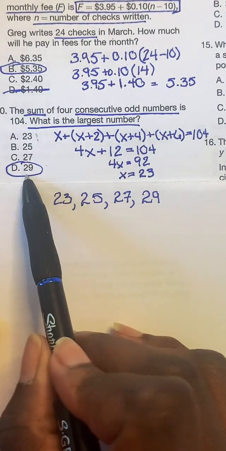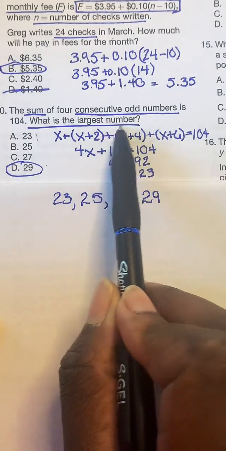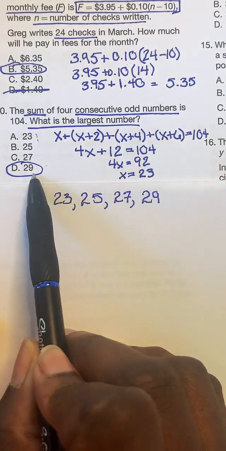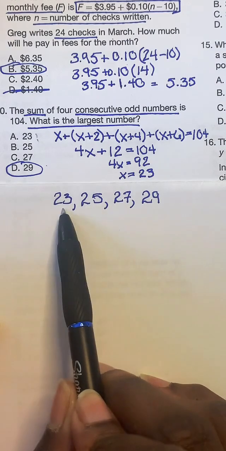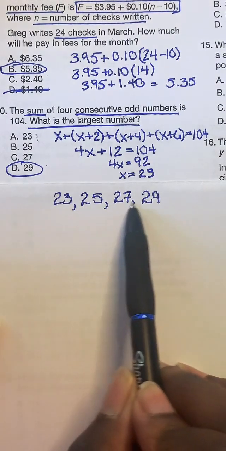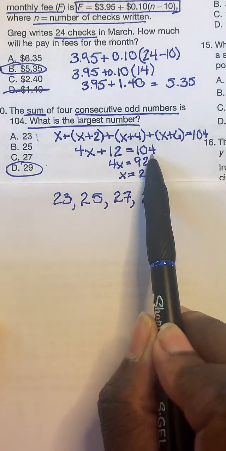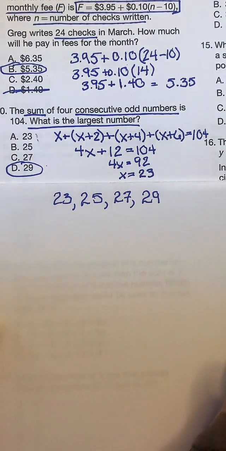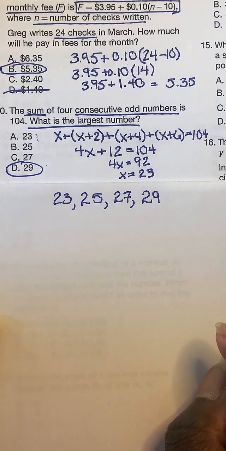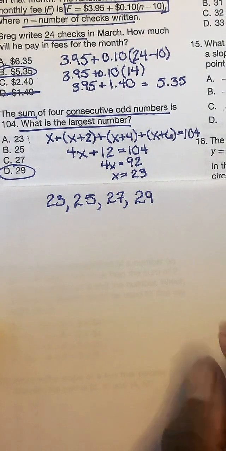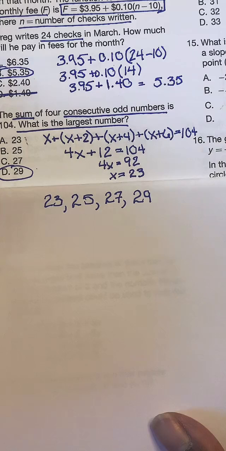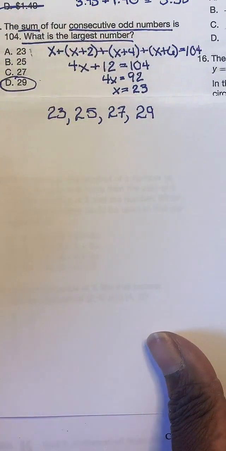Since we looked for the largest number, you start at 29, figure out what the other 3 digits would be, and then add them up to see if it gets you 104. Remember, with math, it's never just one way. There's multiple ways of getting the same answer. It all depends on what you feel comfortable with. All right, let's do this.